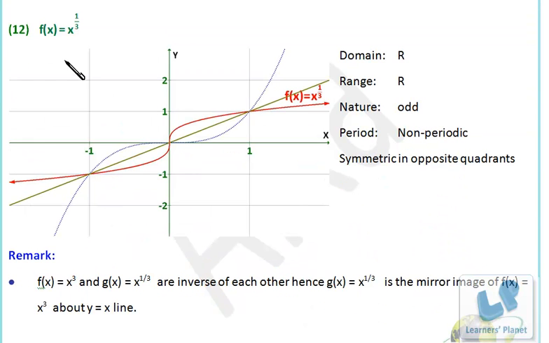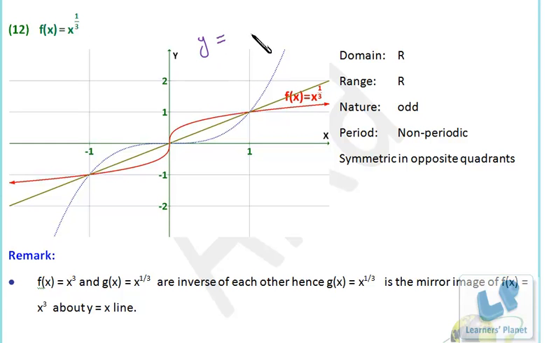Now here we have the graph of f of x is equal to cube root of x, or y is equal to cube root of x. Now friends, if x is 0, y is 0. That means the graph will pass through the origin. Apart from that, if x is negative, y will be negative. If x is positive, y will be positive.